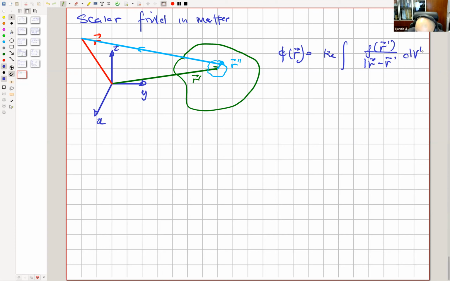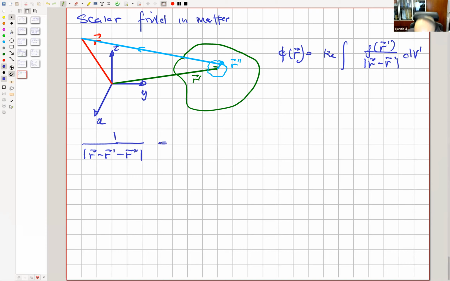Here instead, because I've got three scales, I'm going to consider 1 over R minus R prime minus R double prime. Now don't be alarmed too much. The extra scales are going to drop out very soon, but I want to start off with these three different scales.